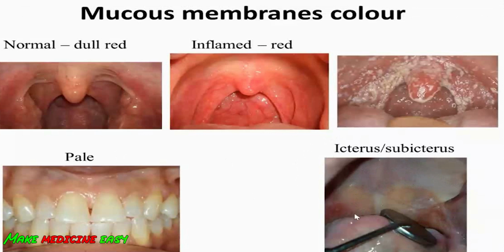It's the first place, together with the sclera, where bilirubin and so on accumulates, and we start to see yellow discoloration. After this stage, of course, the skin could also start to be yellow.